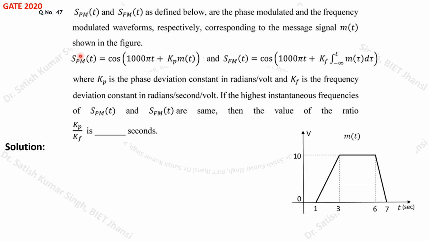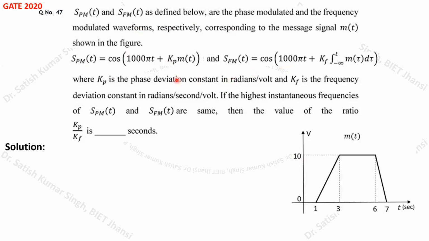Here is the statement of the problem: SPM(t) and SFM(t), as defined below, are the phase modulated and the frequency modulated waveforms respectively, corresponding to the message signal m(t) shown in the figure. Here is the message signal m(t) given in the figure, and here are the expressions for the phase modulated and FM modulated signals.